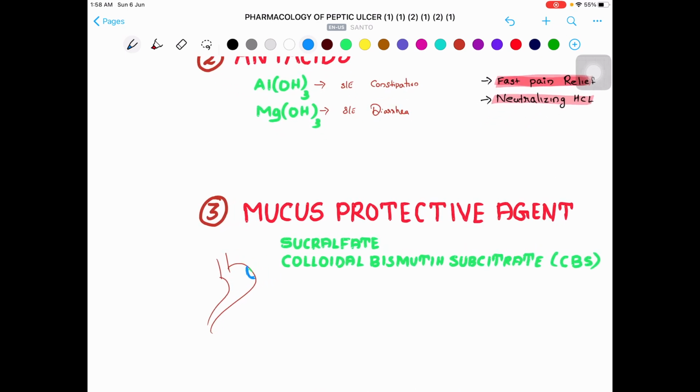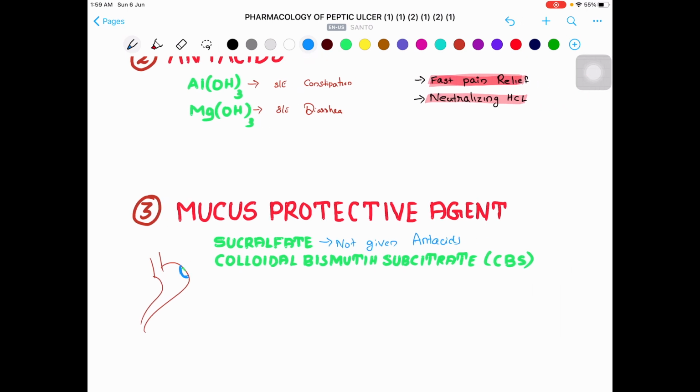Also remember that antacids are not given with sucralfate, because sucralfate works in acidic pH, while antacids reduce the acidity in the stomach.